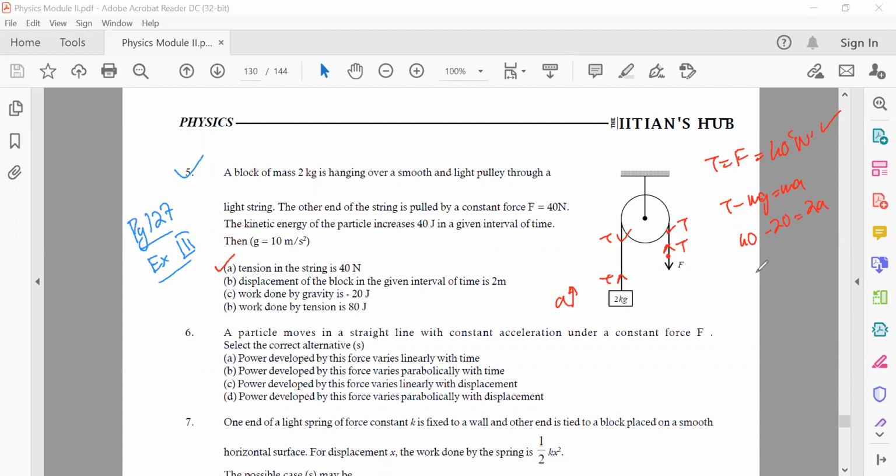So it will have an acceleration of 10 meters per second square upwards. Mass is given to you as 2 kgs. Force is 40 newtons. g we have to take as 10. Now in a certain interval of time, the kinetic energy increases by 40 joules. And it started from rest. That is also given to us in the question.